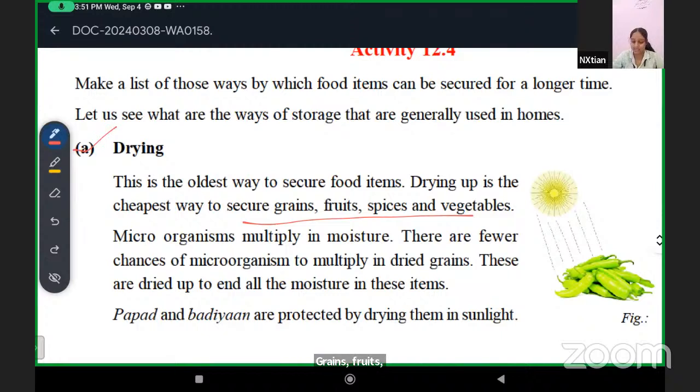They're dried under the sun, because microorganisms multiply in moisture. There are fewer chances of microorganisms multiplying in dried grains. When they are dried in the sun, the microorganisms do not multiply in them because they have no moisture present. So they dry them and store them in containers, dried to remove all the moisture.